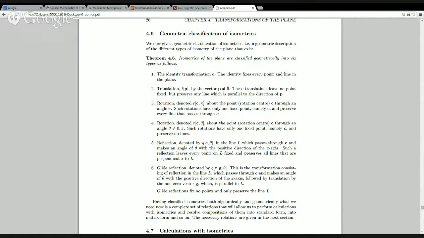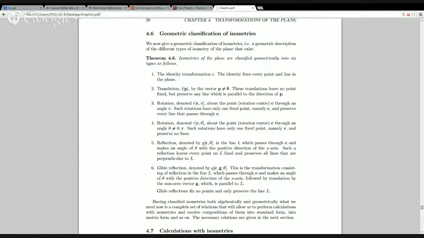And we'll come on now to discuss the various possibilities. So this leads us into Theorem 4.6 in the notes.